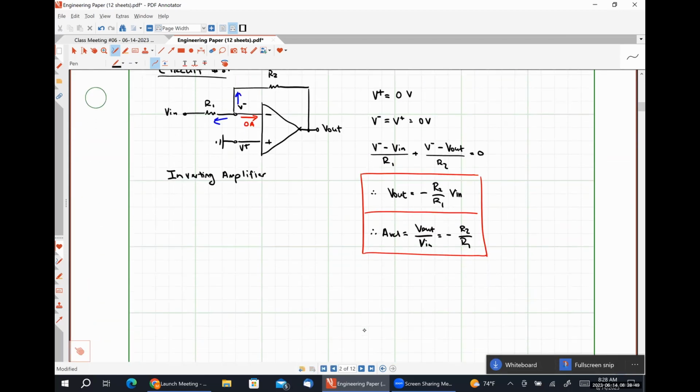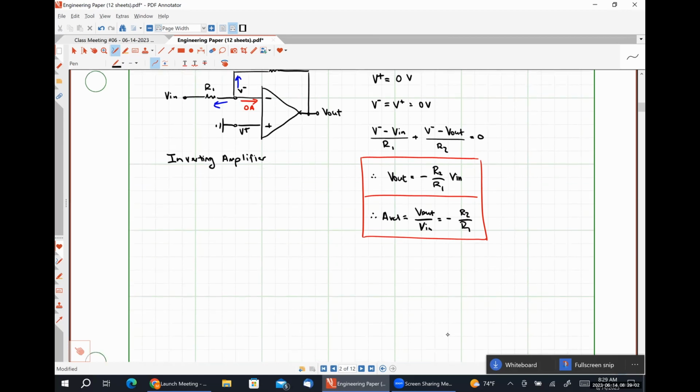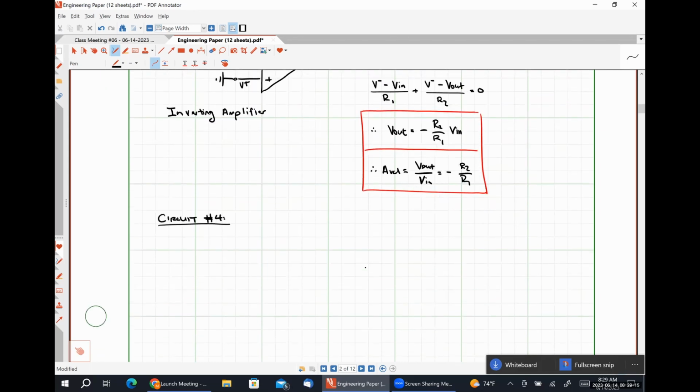All right, so the next circuit that we are going to look at is a modification of this inverting amplifier. We are going to modify the circuit such that we have multiple input signals that our circuit is now processing in some way. So I'm going to take my op amp.